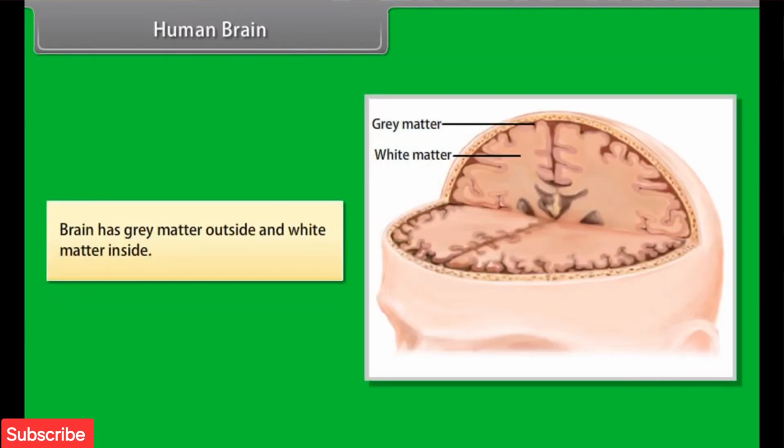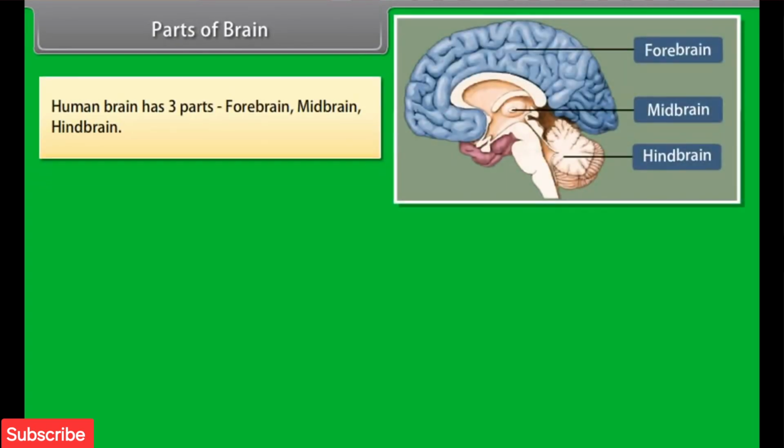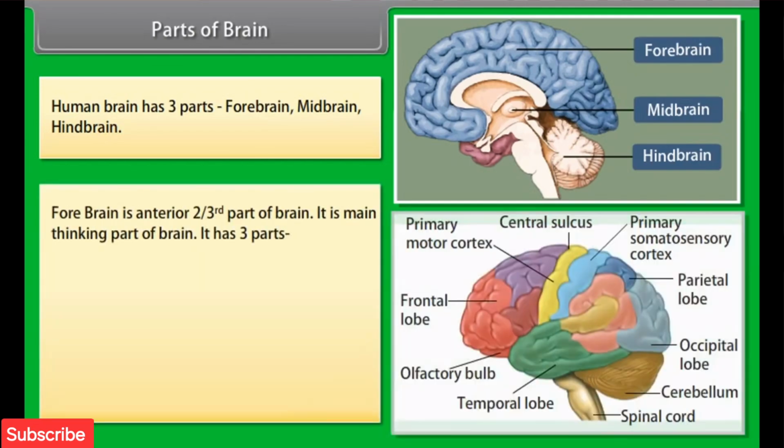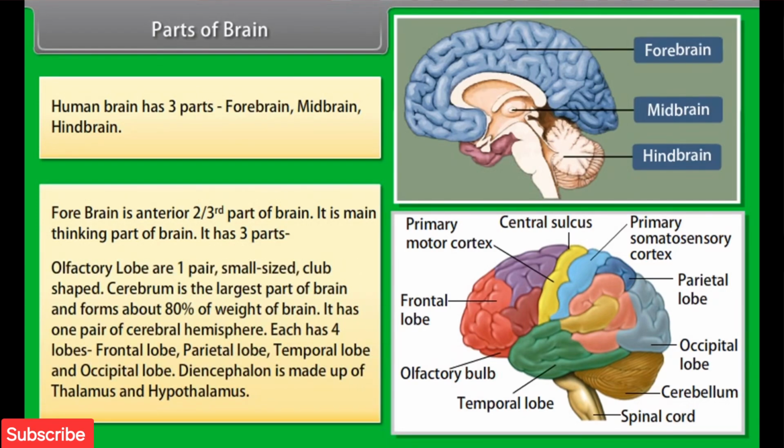Parts of the brain. The human brain has three parts: forebrain, midbrain, and hindbrain. Forebrain is the anterior two-third part of the brain. It is the main thinking part of the brain. It has three parts. Olfactory lobes are one pair, small-sized and club-shaped.